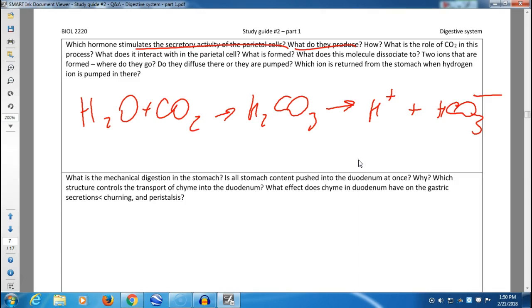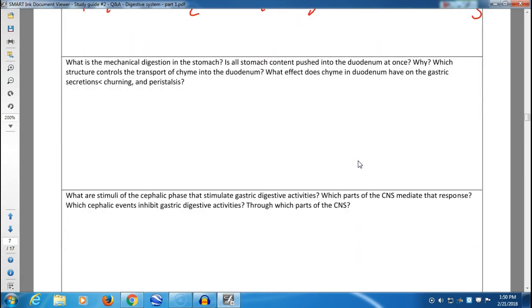What you do have to understand is that when you have all that food in the stomach, there are small portions that go through the pyloric sphincter into the duodenum. Just let's be absolutely clear about it. Okay? We're good? Pyloric sphincter controls this movement. Now, remember we talked about effects of chyme in the duodenum on the gastric secretions?